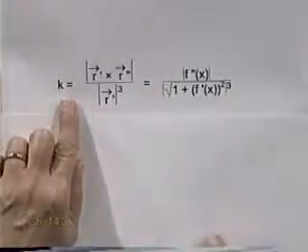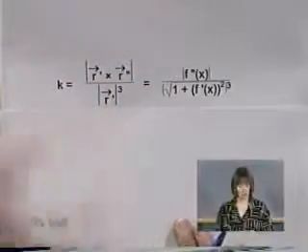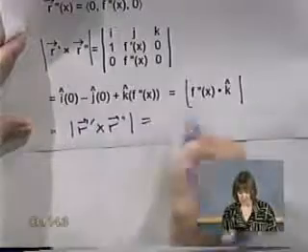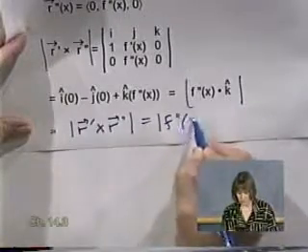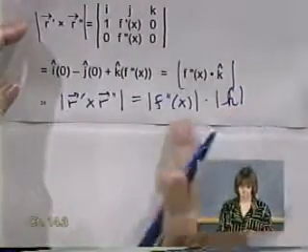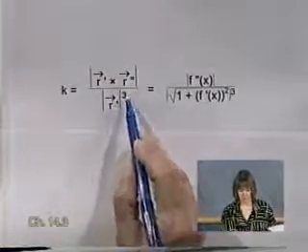Now, putting this together, since k is the magnitude of r prime cross r double prime over the magnitude of r prime cubed, remember, the magnitude of r prime cross r double prime is equal to the magnitude of this, and the magnitude of that is the absolute value of f double prime times the length of k. Length of k is 1. So it's just going to be f double prime. So up top, I just have f double prime. And down bottom, we have magnitude of r prime cubed.